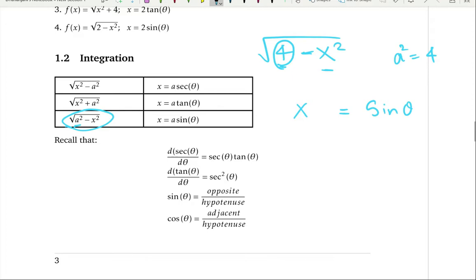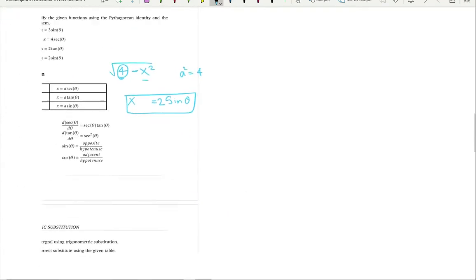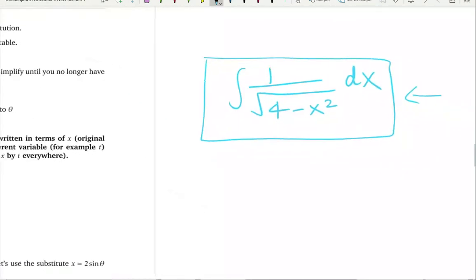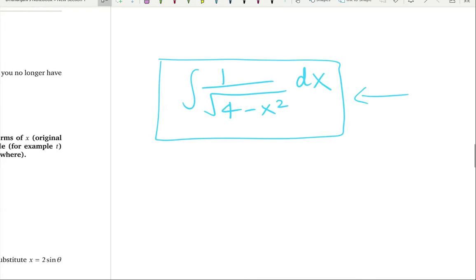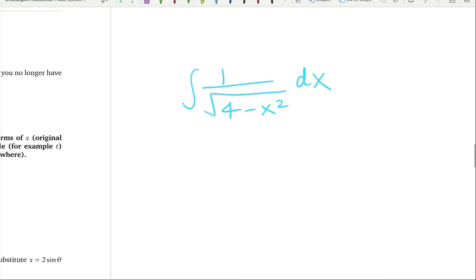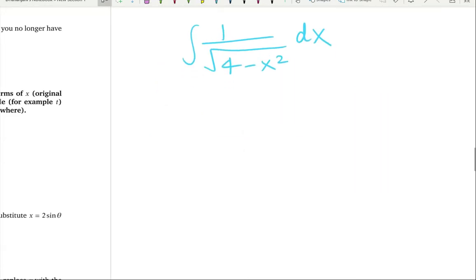Because 2 squared is 4. So a is 2 here. So the correct substitution is x equals 2 sine theta. Take a couple of seconds and make sure you have the correct substitution, because that's the very first step, right? Good. So here the substitution is x equals 2 sine theta.